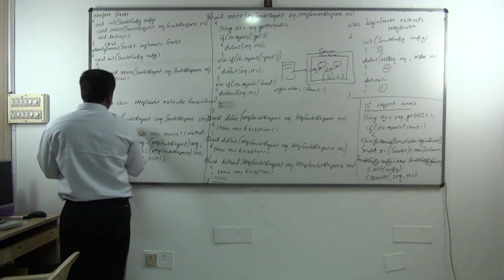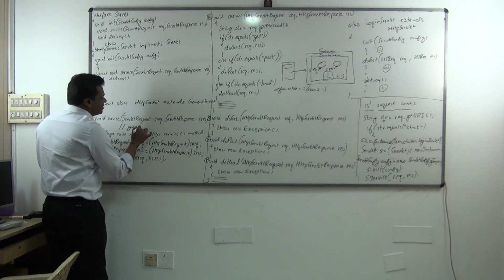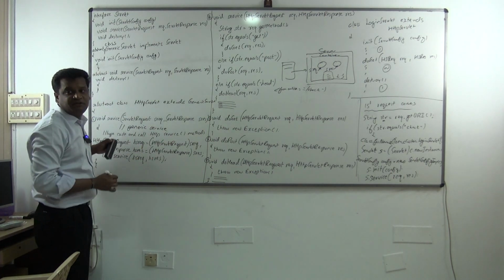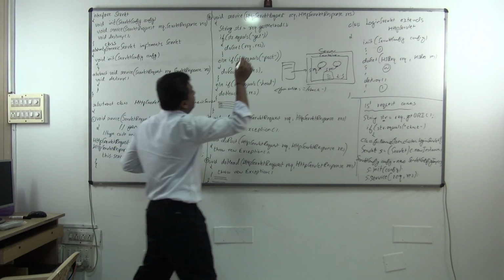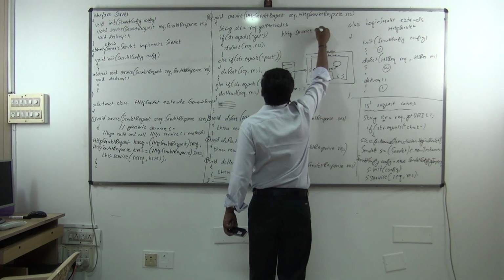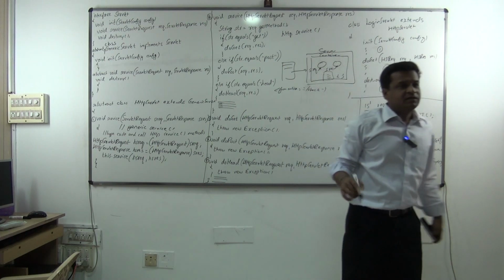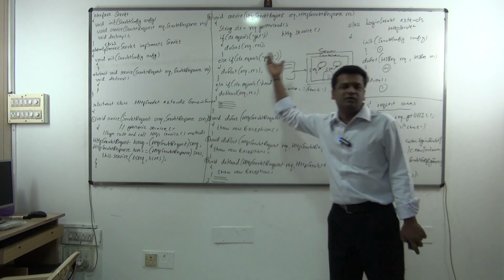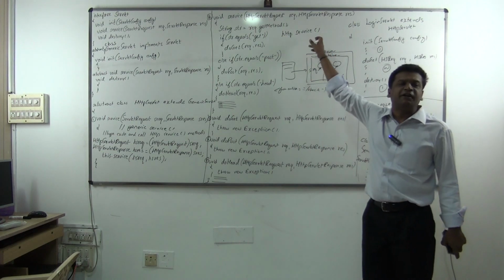This is a very important interview question. This is called the generic service method. The generic service method invokes the HTTP service method. That's it: it will typecast and invoke it.